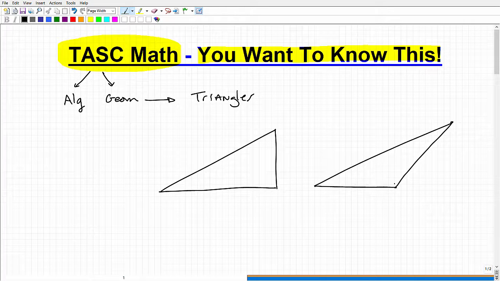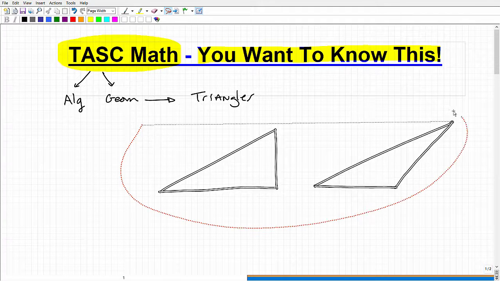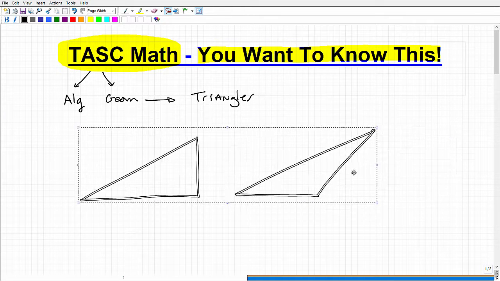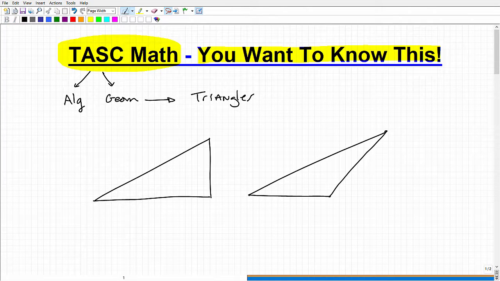Okay, so these are obviously two triangles, and I'm going to give you a little bonus material here, something that is not directly relevant to what I'm going to be talking about, but it's definitely something that you want to know. One of the things you want to know about triangles is that the sum of the angles, this angle plus this angle and so on, we measure in degrees.